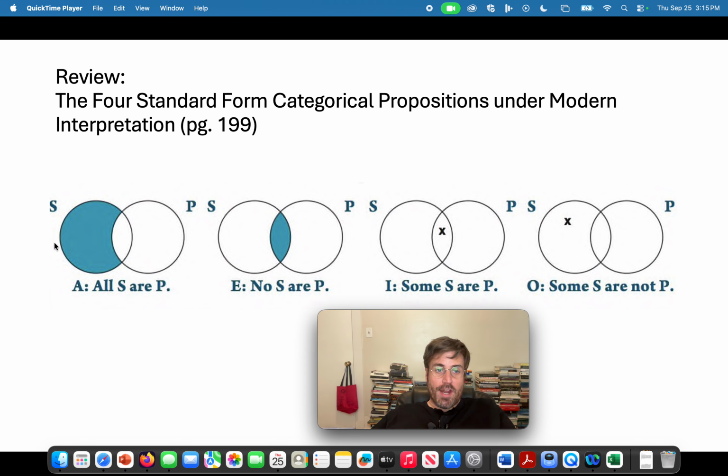We're just going to use shading in region 1 for A propositions and shading in region 2 for universal negative propositions. The particulars are exactly the same as the traditional. We use X in region 2 for particular affirmative and an X in region 1 for particular negatives. So be aware of that distinction. I think the modern interpretation is more elegant and leaner in a way than the traditional interpretation, but there are at times more things we can do on the traditional interpretation.